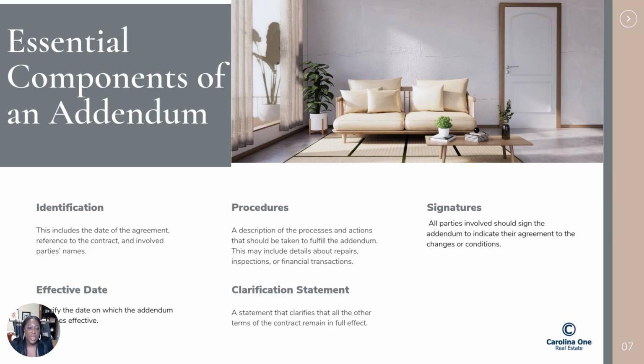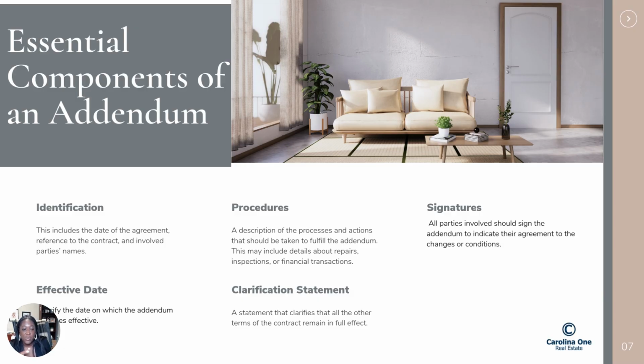Essential elements of an addendum. This is very important that you know. Identification. It must include the date of the agreement, reference to the original contract, and the parties involved. We know on the addendums, the parties sign at the bottom. Some of them, they sign an initial.